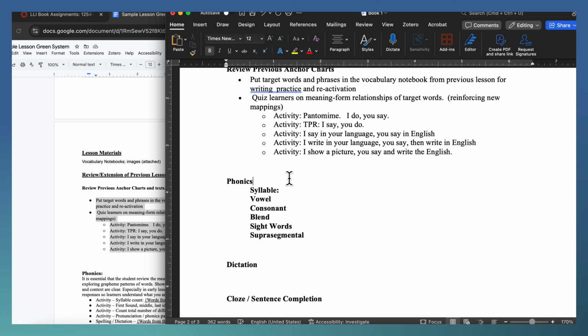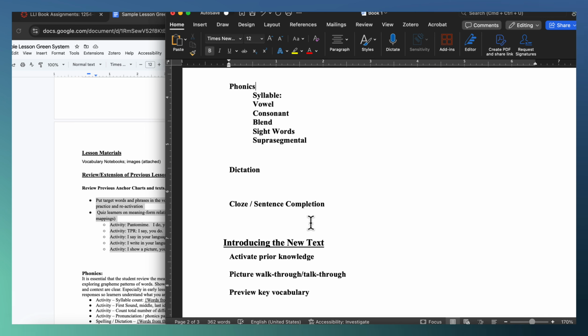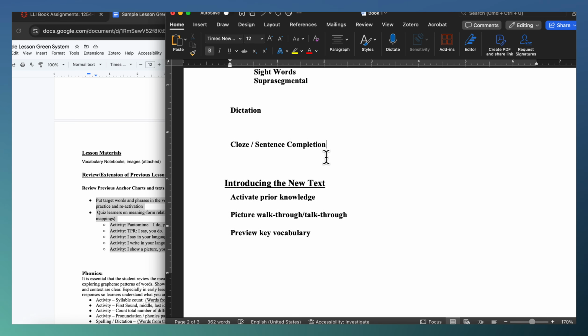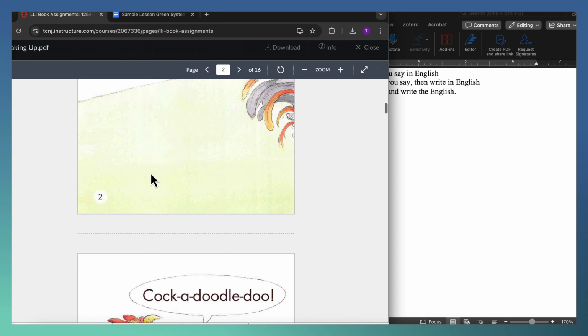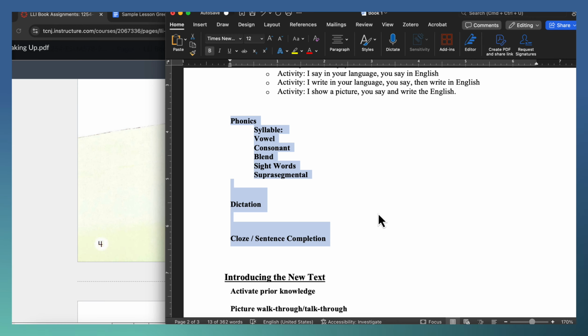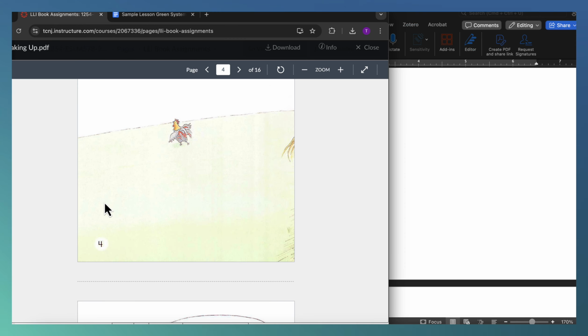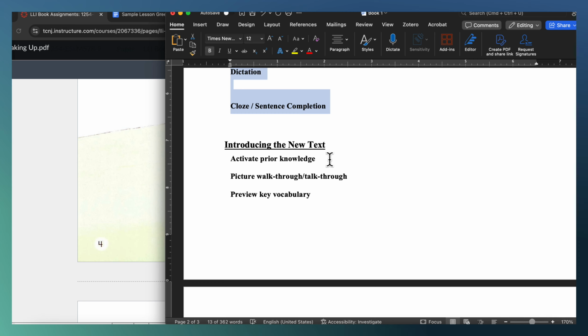I'm not actually going to use this for a lesson because I don't have previous words. And the same here. There's no previous lesson. But all of this stuff is going to be filled out in lesson 2 with stuff from The Rooster Wakes Up. Okay? All right, so activate prior knowledge.